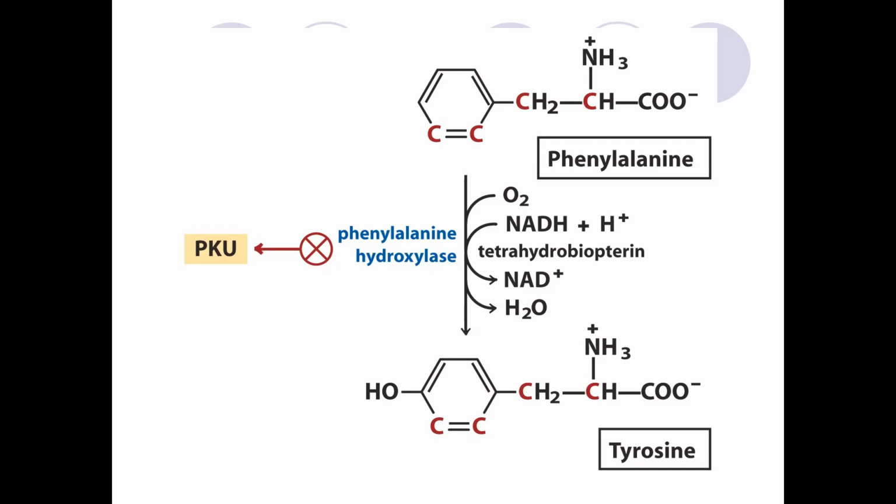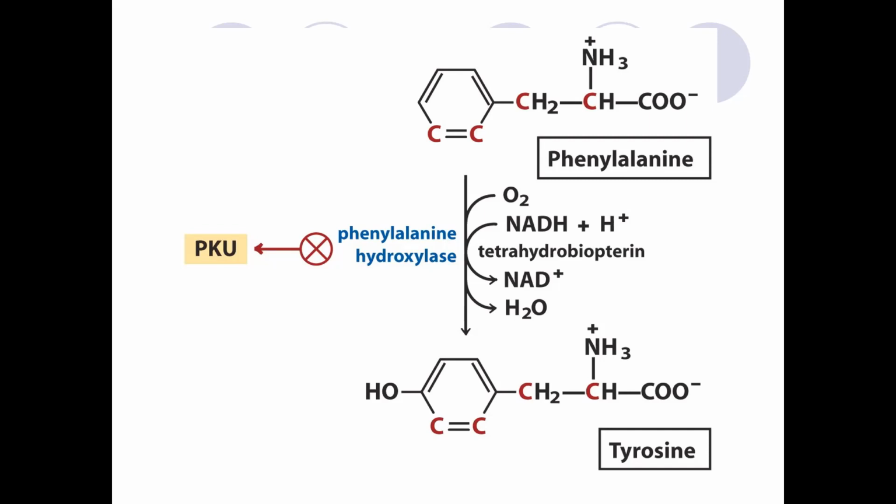There's a test for this. It's a genetic test that you give to newborns because if they have hyperphenylalanemia, you need to restrict phenylalanine intake right away. If you do that, they can have normal brain development. If you don't, phenylalanine will cross the blood-brain barrier.